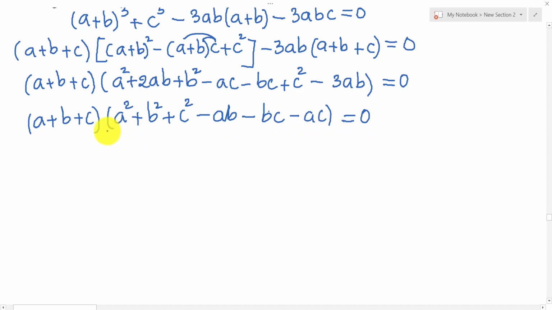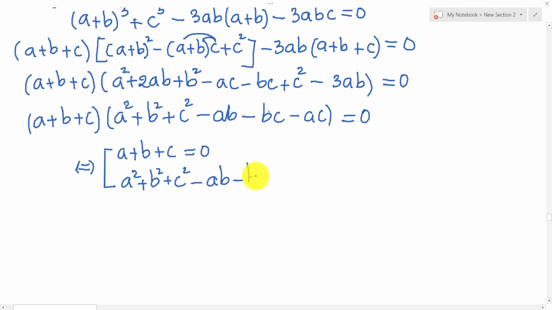Let's see, these two factors equal 0. So I get a plus b plus c equals 0, and a square plus b square plus c square minus ab minus bc minus ac equals 0.